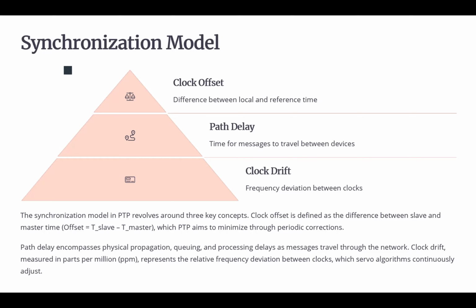So even if two clocks start with the same time, because of the clock drift problem, eventually they are going to be out of synchronization. So how do we address that? PTP uses a servo algorithm. It continuously monitors and corrects for the clock drift by adjusting the slave's frequency and time. So it's not just the time.